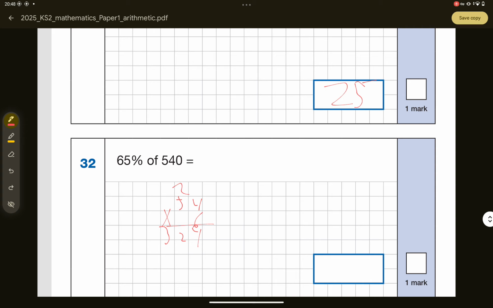So 3 to 4, and then plus 54 divided by 2 to find 5% equals 27, and then 8, 4, 3.